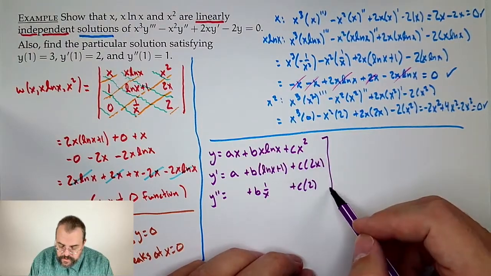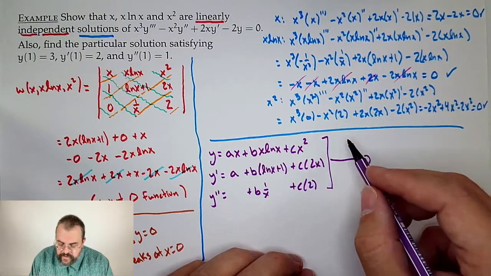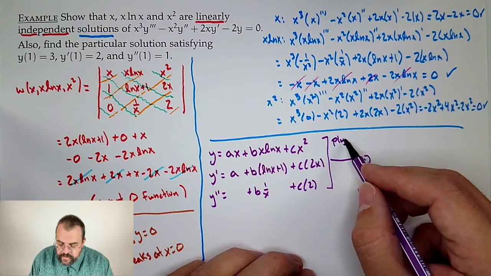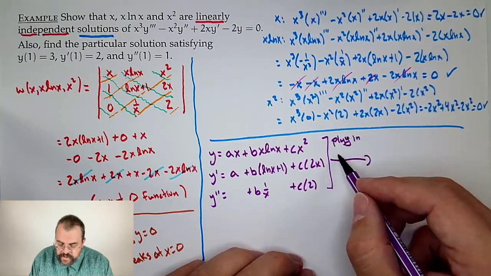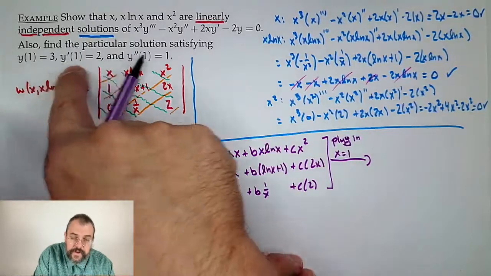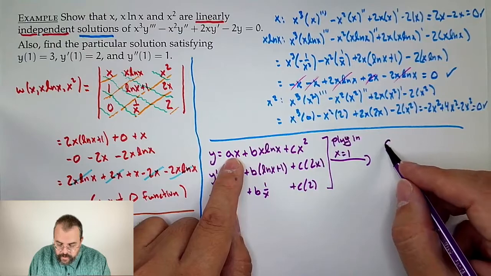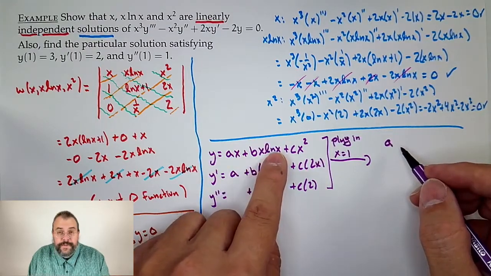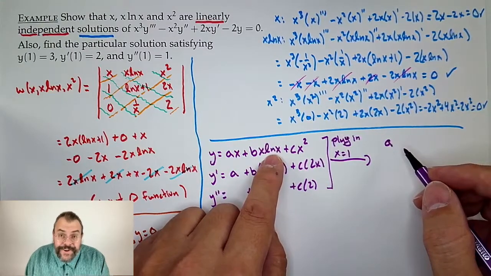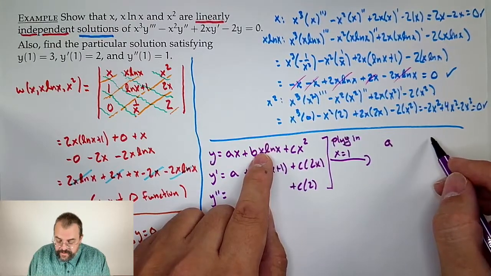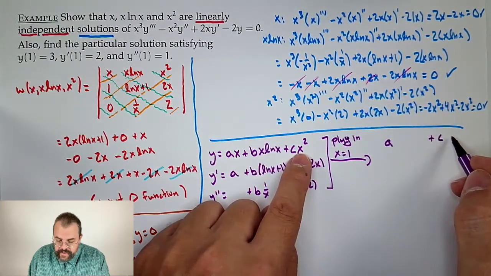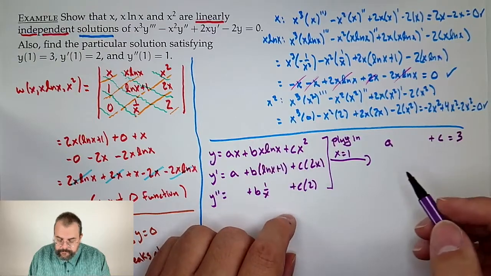And now what we can do is plug in x equals 1, because that's where our initial conditions are. So we'll have a times 1, b times 1 times log of 1. Log of 1 is 0, so that says 0b. So plus c times 1 squared has to equal 3.